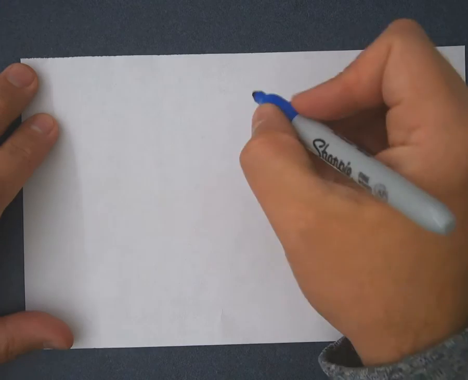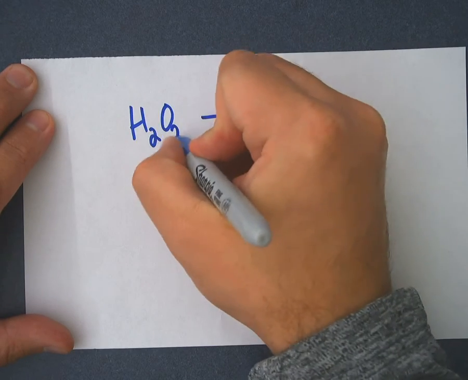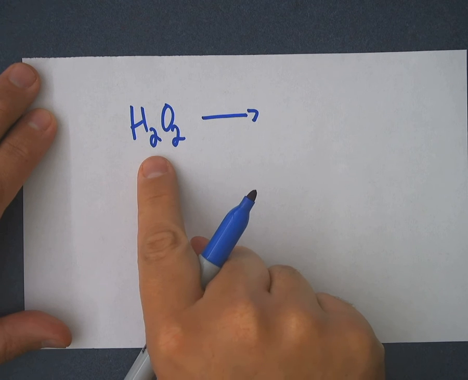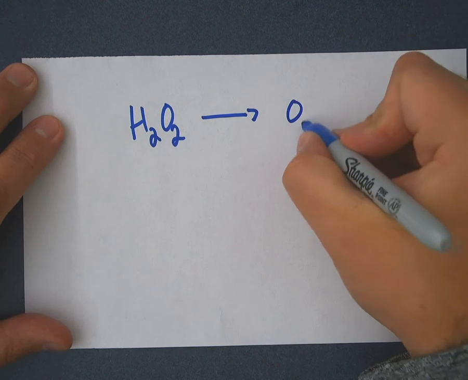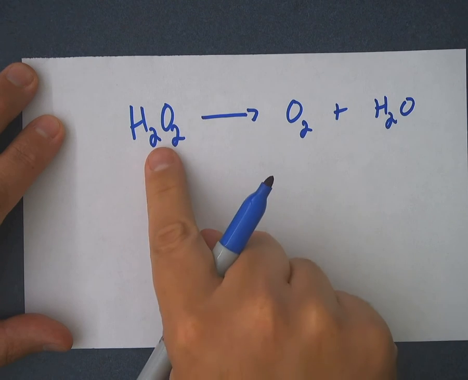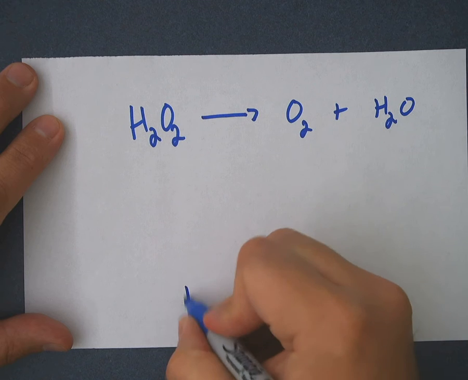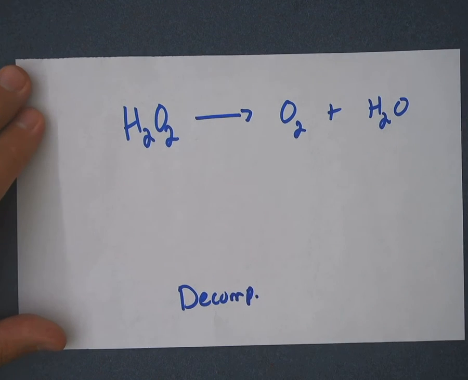The other one is what we call the decomposition reactions, and that's where we only have one substance before the arrow, only one reactant. And so we learned in some notes that this will break down into some smaller compounds. One thing turning into two things is called decomposition or analysis reactions.